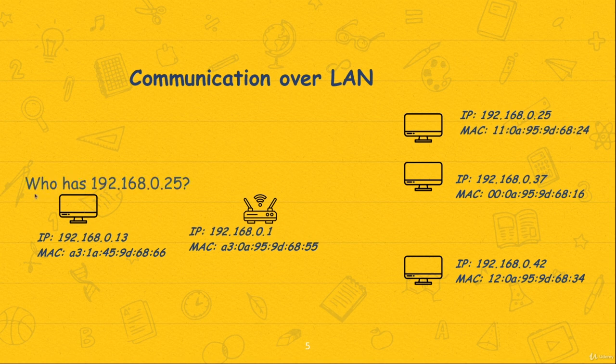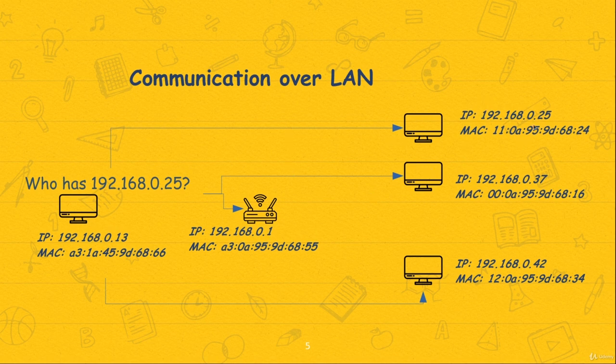What this request does is send out an IP address, broadcasting it to every device in the network. So this packet goes here, here, here, and here. Every device receives the address, and this is called broadcasting.